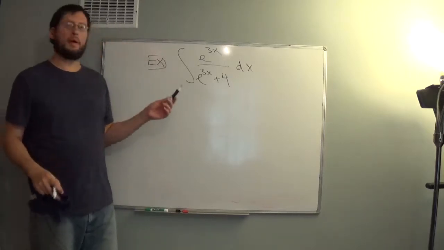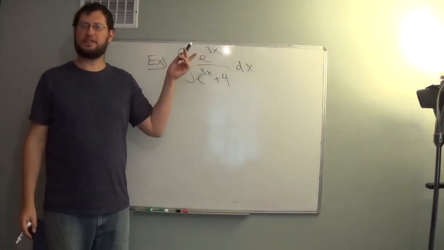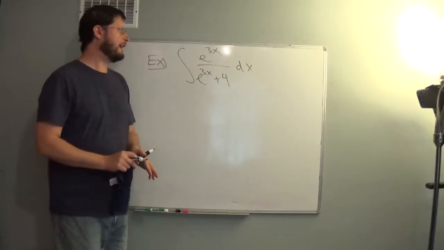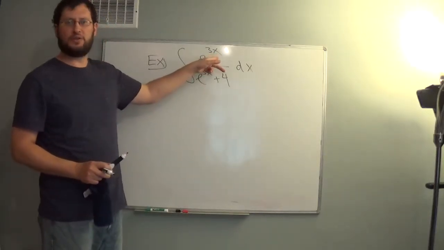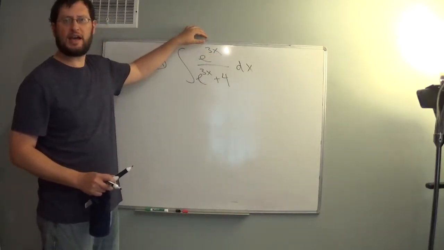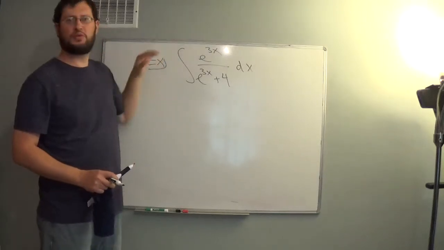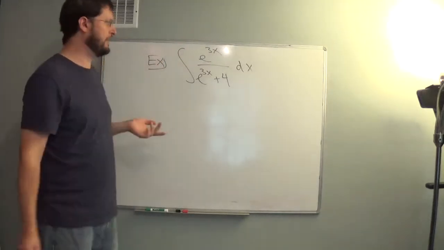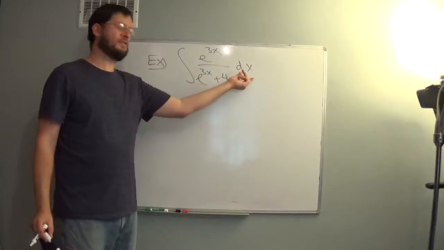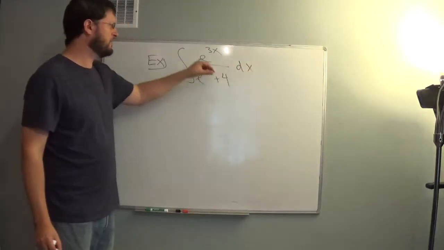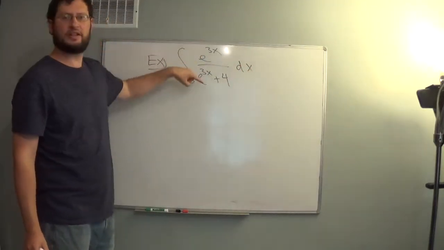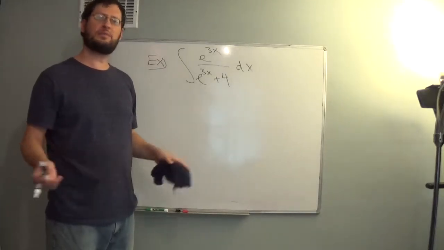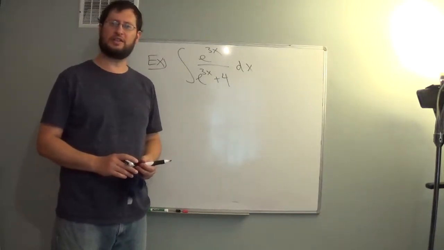Okay, remember: exponents, parentheses, denominators. The exponent is actually not going to work here for a u substitution. If u is equal to 3x, then the derivative is 3 dx. That would be fine, the dx is okay, but this would then simplify to e to the u over e to the u plus 4, which doesn't lead me to anything that's actually easier to integrate.